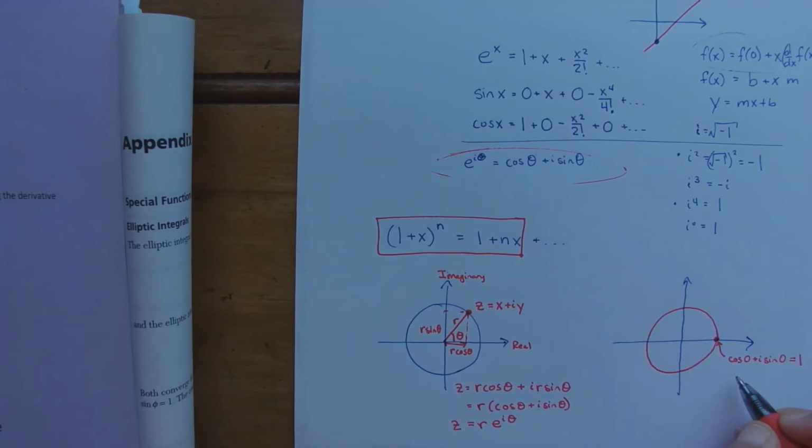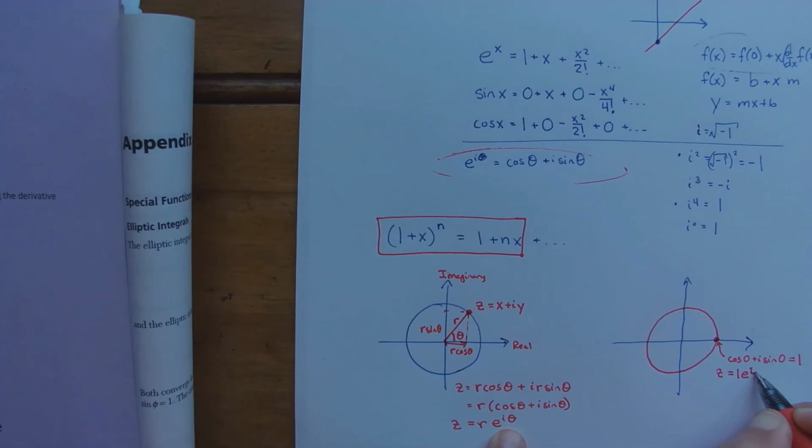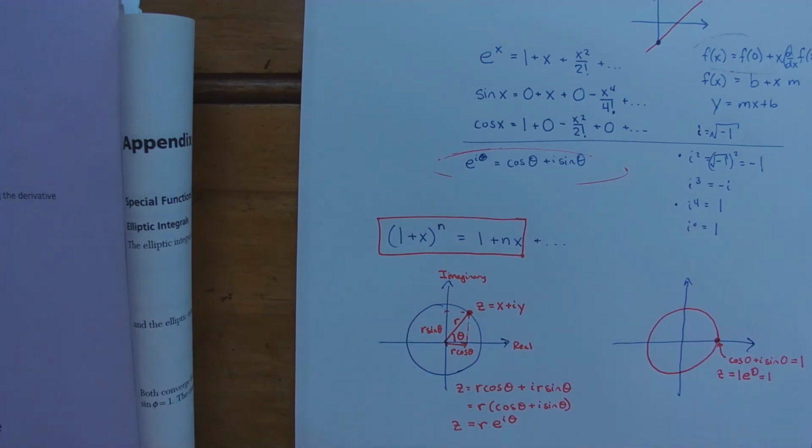And we could also write this as, because the radius is equal to 1, z is equal to 1 times e to the i times 0, which would be 0. So this is equal to 1.